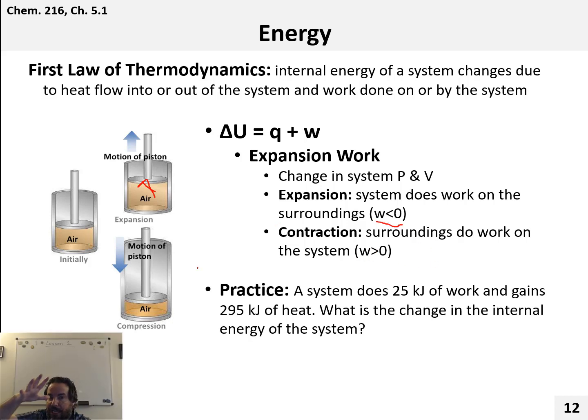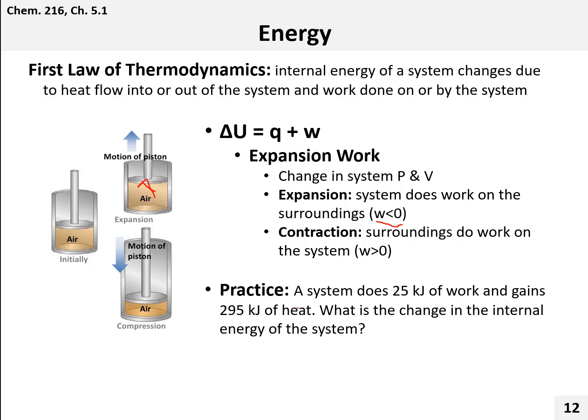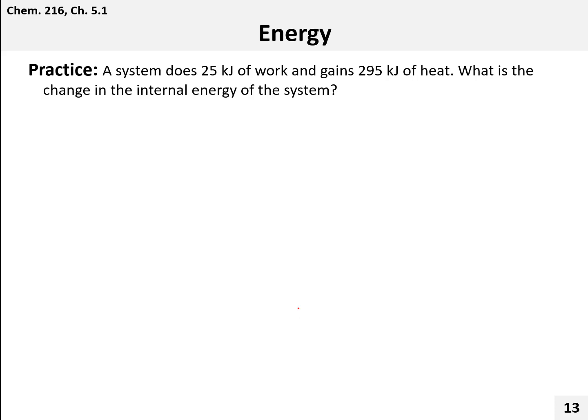If instead I were to contract this down, so take this air and squeeze it together, that would be a case where it is actually a positive W. So let's look at a problem. Let's say we have a system that does 25 kilojoules of work and gains 295 kilojoules of heat. What is the change in the internal energy of this system?